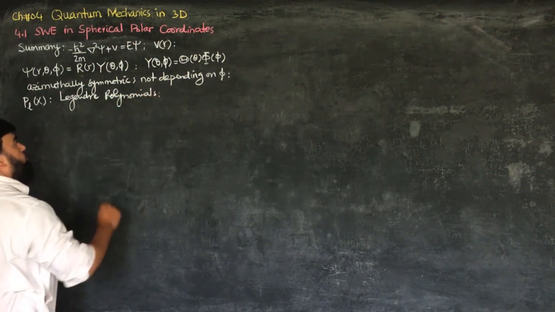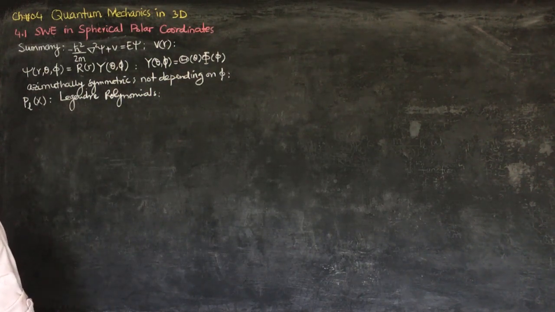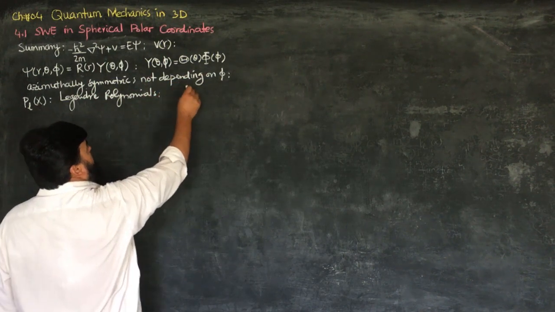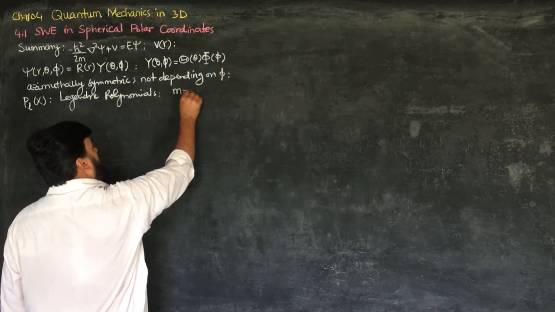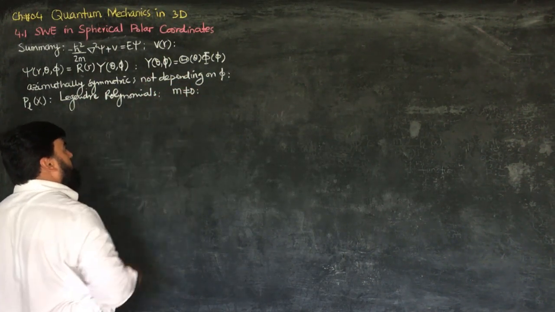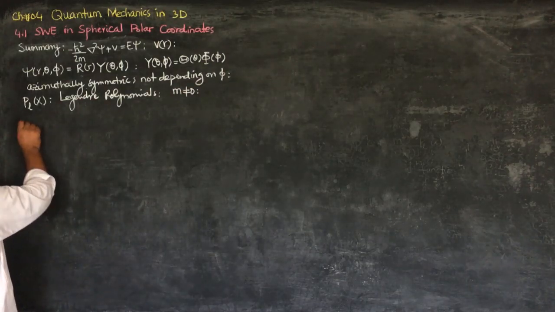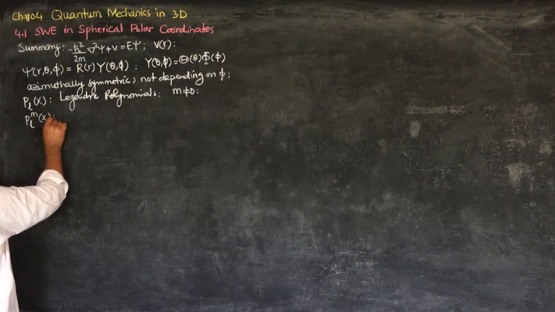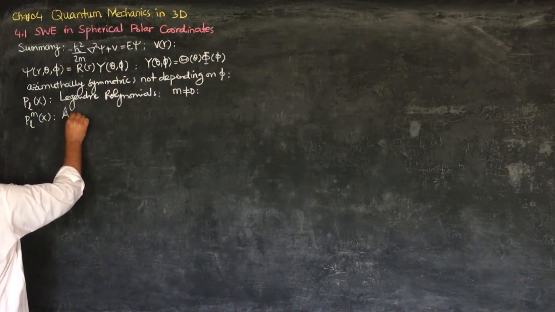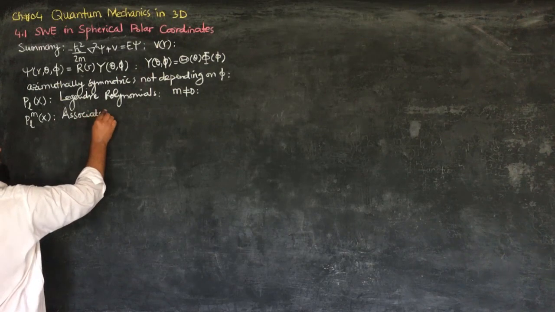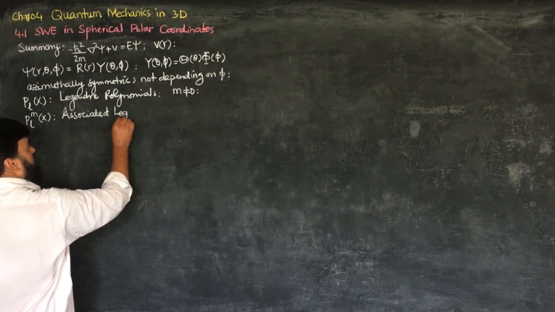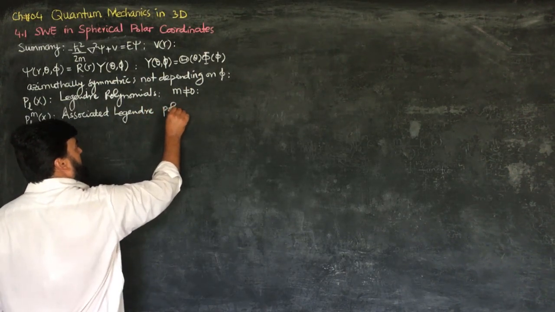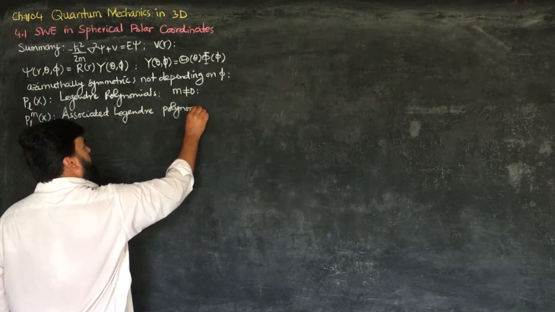And when we considered that the wave function will depend on φ, that is when m is non-zero, then we got the solution in terms of the associated Legendre polynomials.